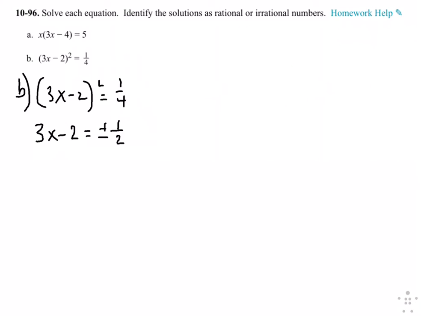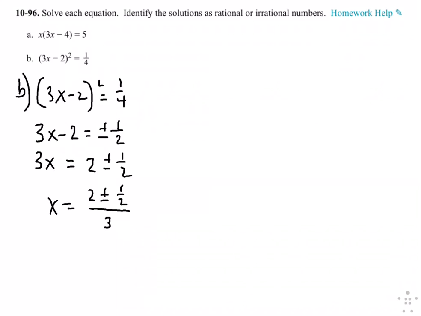Let's add 2 to both sides. So we have 3x equals 2 plus or minus 1/2. And then we're going to divide by 3, right? So we get x equals 2 plus or minus 1/2 over 3.